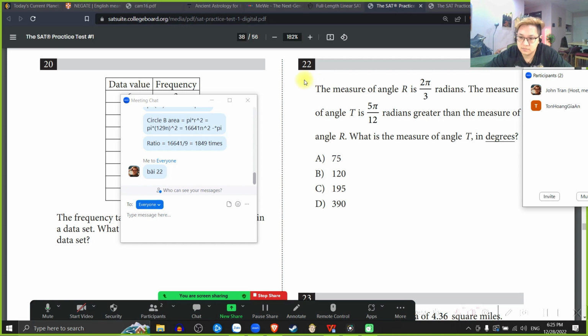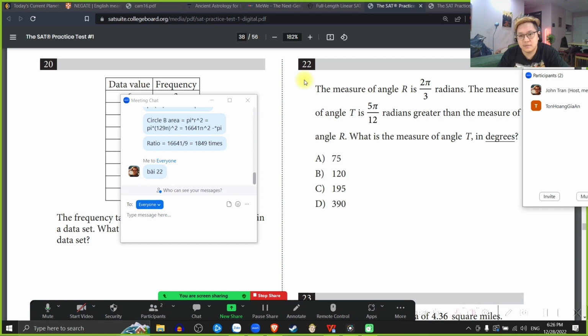The measure of angle T is 5 pi divided by 12 radians greater than the measure of angle R. What is the measure of angle T in degrees?